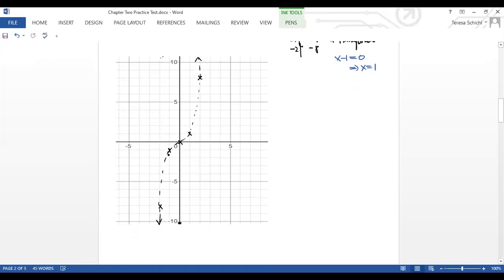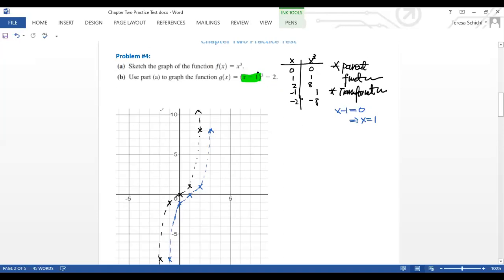So this point moves over to here, this point moves to here, this point moves to here. Every point moves to the right 1 unit. And this one still is a dotted line, the reason why is we still have 1 more transformation, right?